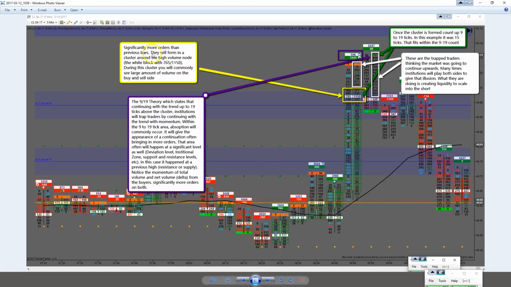Okay. Significantly more orders coming in, which is signified there, that will form in a cluster area. And when I say a cluster area, you might get some big print sporadically, but typically more times in a reversal, you'll get a lot of them stacked on top of each other.